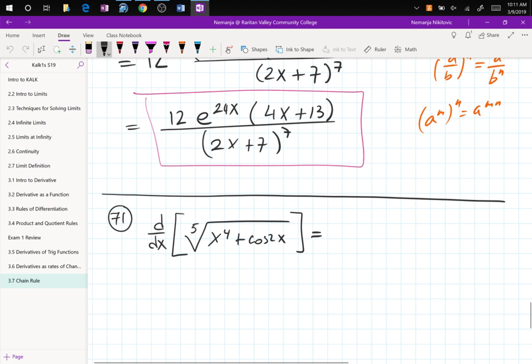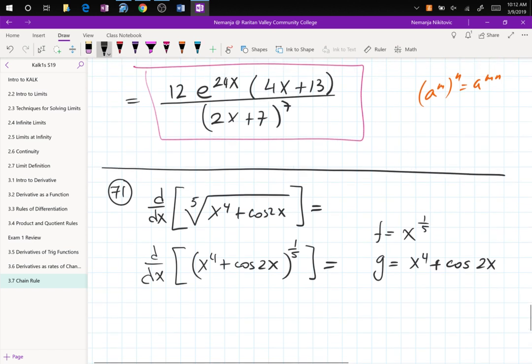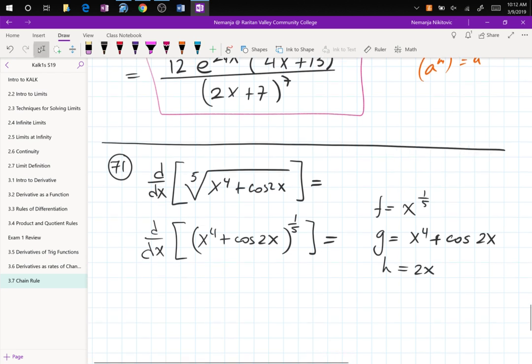So we rewrite this as x to the 4 plus cosine 2x, to the 1/5. So we have x to the 1/5 as the outer, then g is x to the 4 plus cosine 2x, and then h if you want to go with the cosine 2x, but you can always use the shortcut formula with a, so you don't have to count 2x as a separate function.